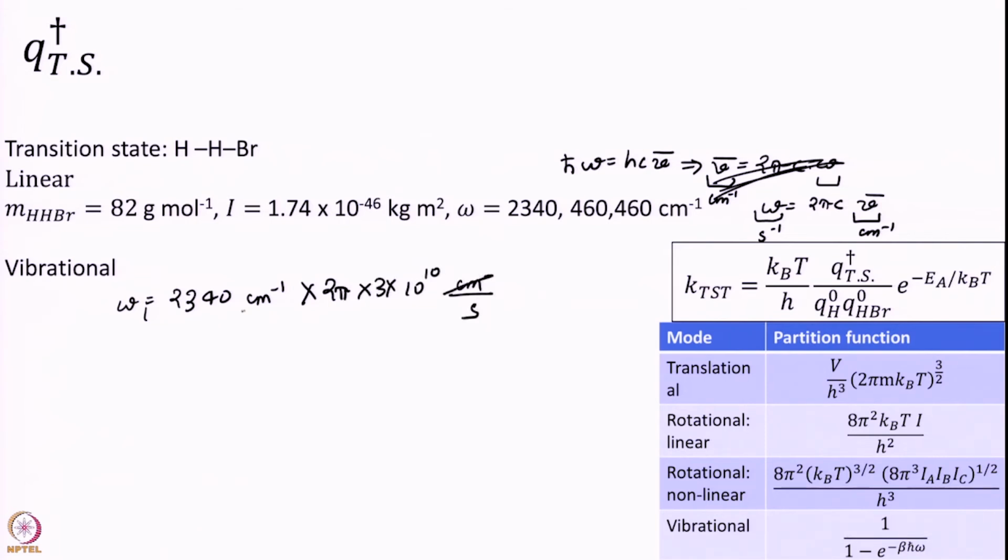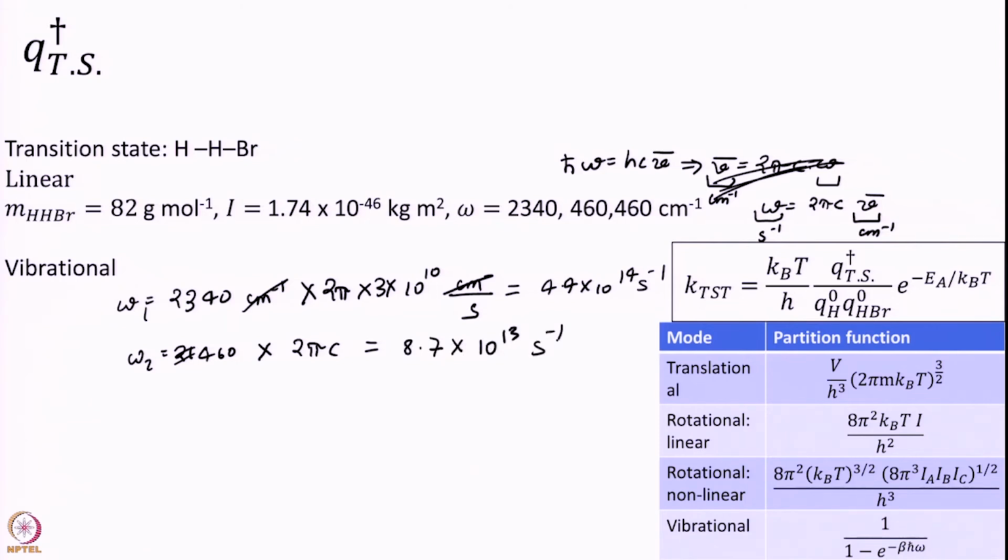So, you notice centimeter will cancel, and this comes out to be 4.4, I have written it in my notes here, and 460. I also multiply with 2 pi c and I get this, simply punching in numbers on a calculator.